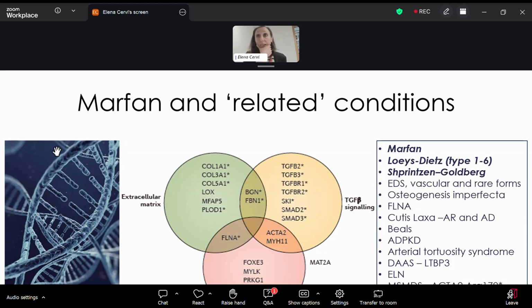Of course, we started thinking of Marfan, and now we understand that there's a lot more to it, and there's a number of different conditions that have some common ground. It is now recognized that there are mutations that belong to several different constituents of the connective tissue that can give you a predisposition to aortic dilatation.